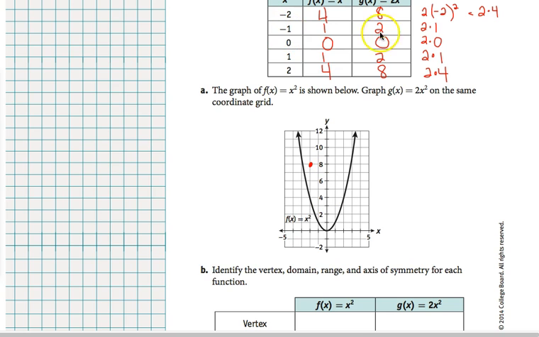Then when x is -1, our y value is 2, so -1, 2. Then we've got 0, 0 again, so that's the same down here. And then 1, 2, our symmetric point across, and then 2, 8, which is our point that is across from this one.